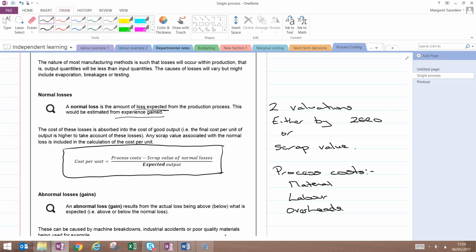That was the loss you didn't expect. And you use it to value your abnormal gain. Just a reminder, your abnormal gain is where you didn't lose as much as you expected to lose.